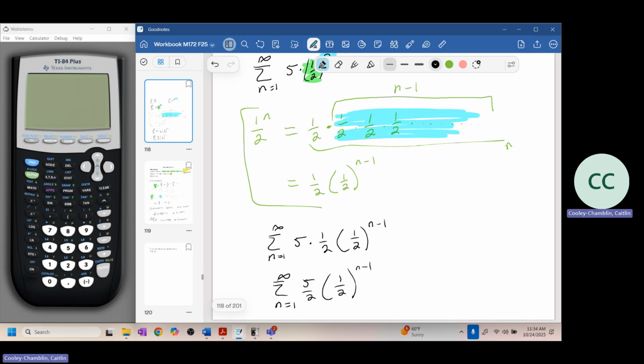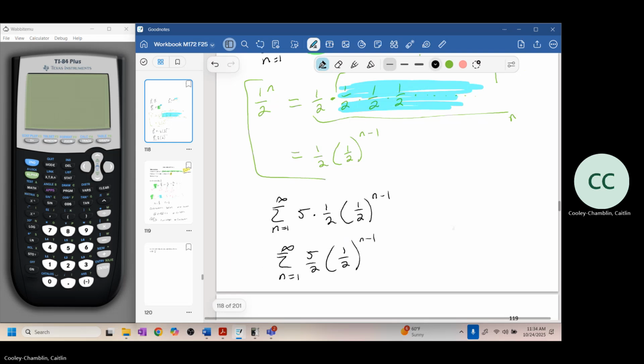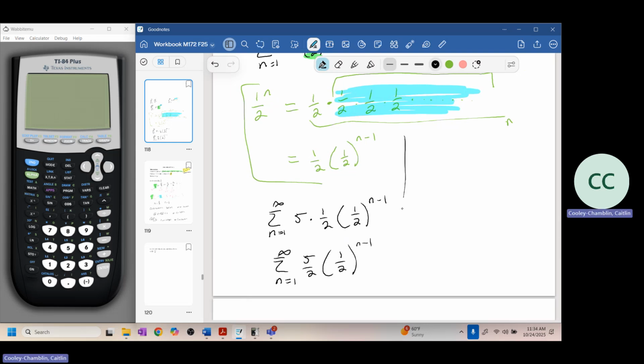Now that we have it in this form, we can say, okay, this is a geometric series, because it has a number raised to a variable power.